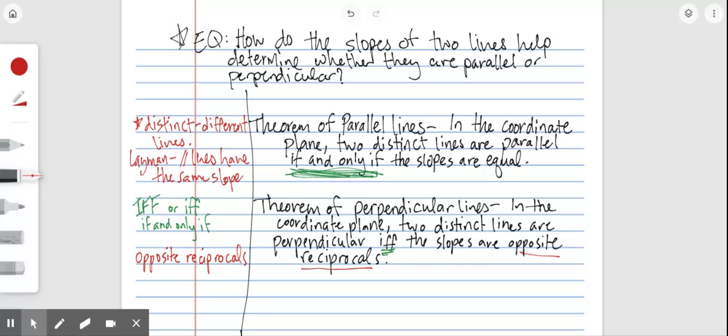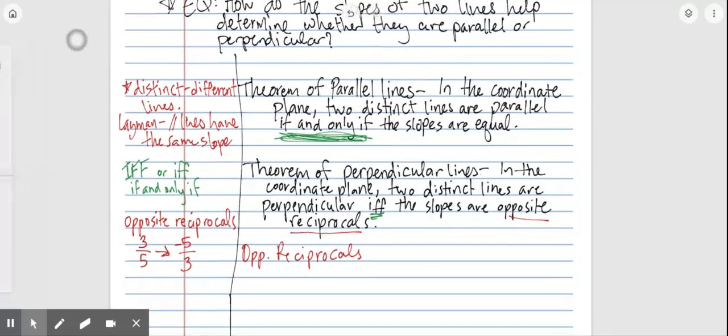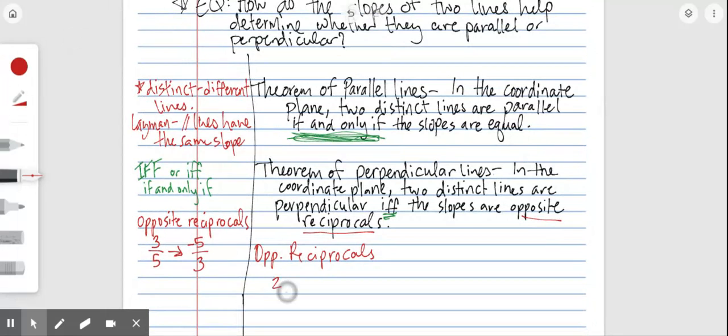are basically like one is positive and one is negative, and they're inverses of each other. So like if I have 3/5, the opposite reciprocal is -5/3. Okay, so opposite reciprocals. We're going to do a few examples. Okay, so how about 2/3?